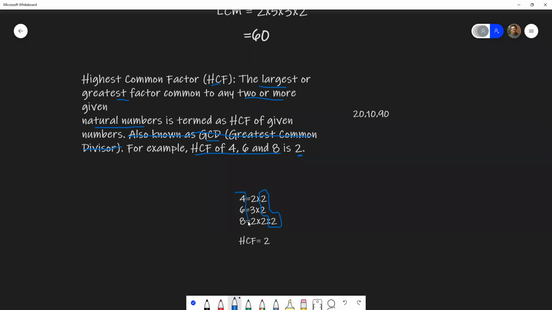These are called factors, right? So for example, HCF of 4, 6, and 8 is 2. Are we clear?